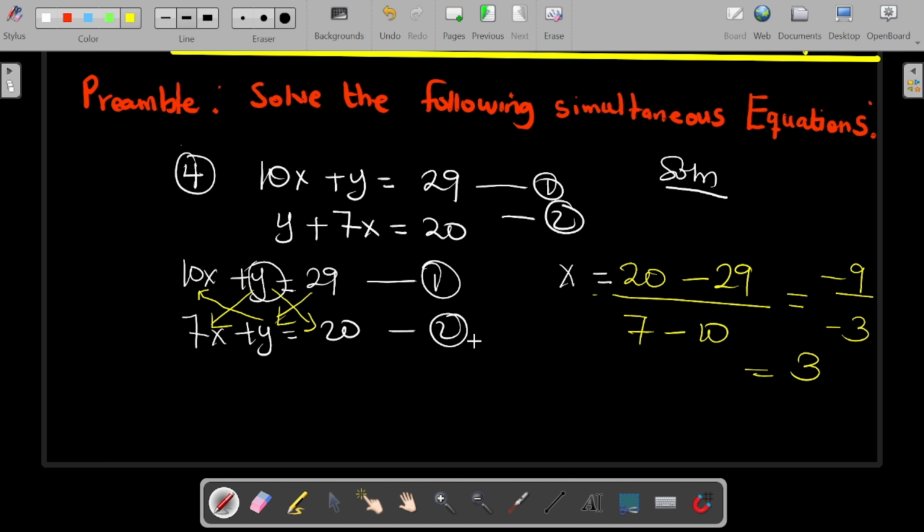Once we find our value of x, we can substitute into any of the equations, and then we find our value of y.